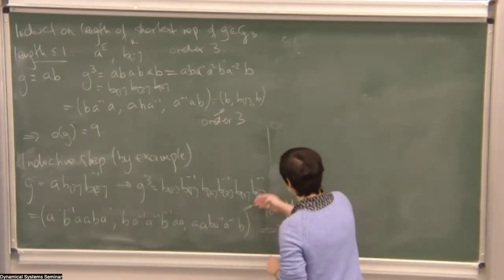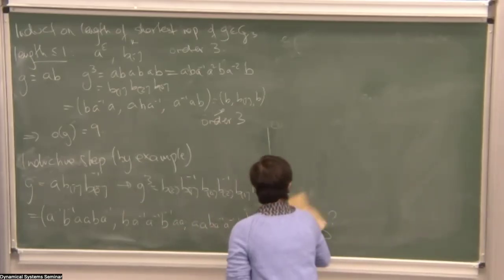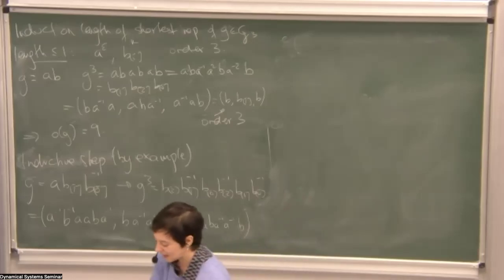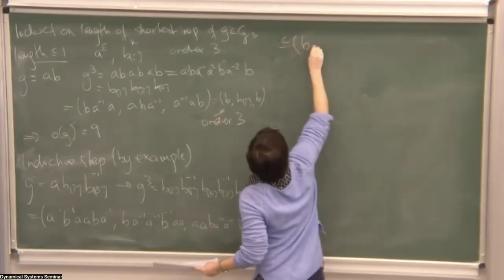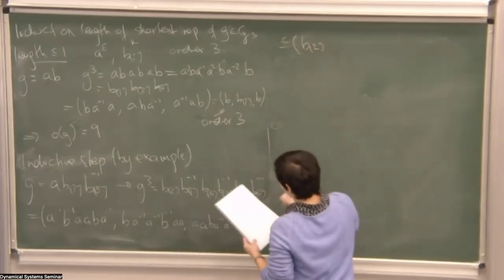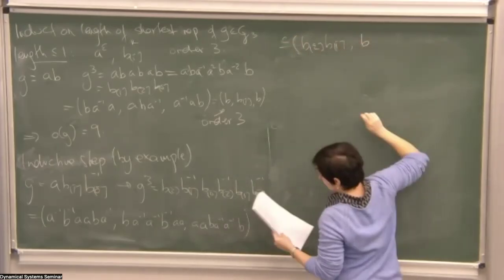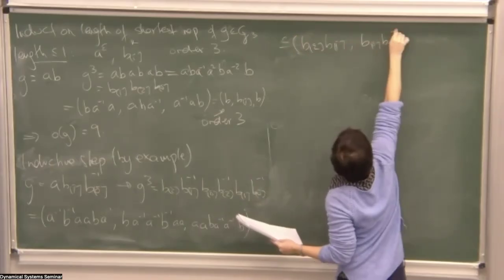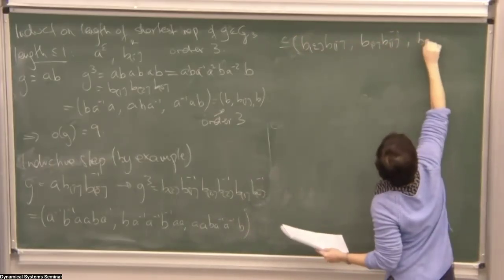So I actually have to write out what these elements are. Let's look at my helpful calculation. So this is B2, B1, B0, B1 inverse, and B2, B0 inverse.